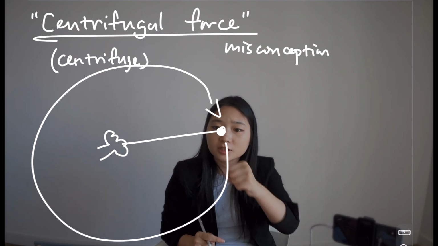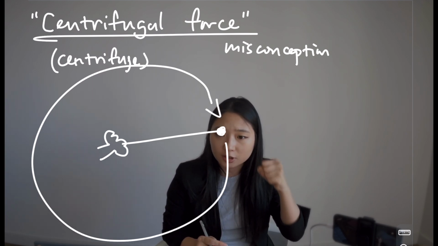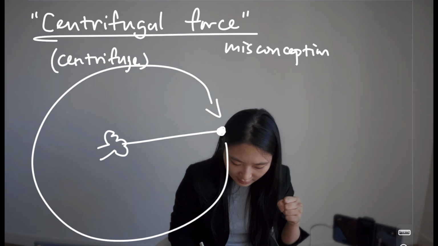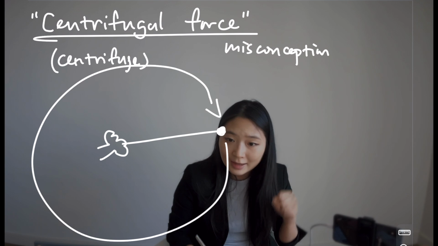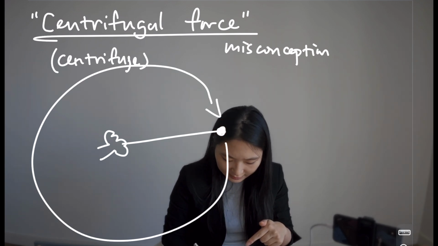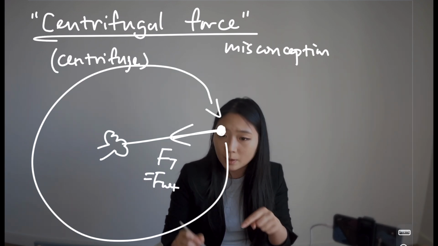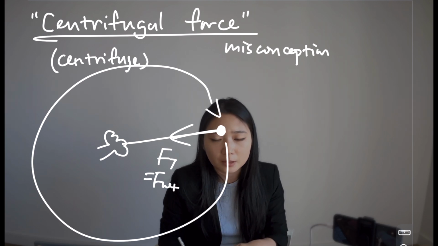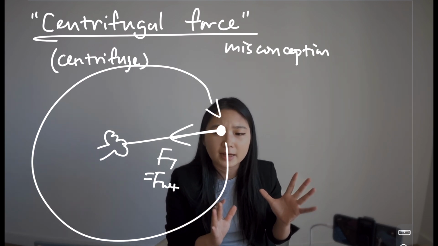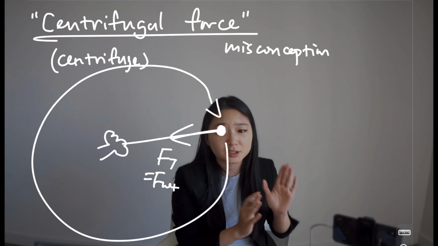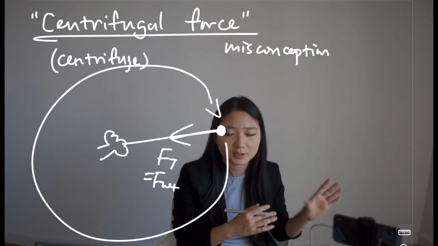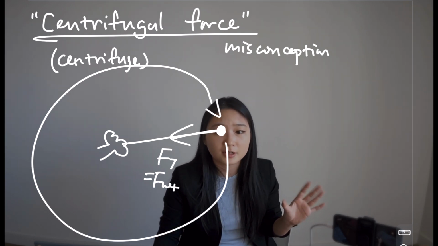So I am actually pulling the string all the time. So this object experiences the tension force, which points to the center, and this tension force is actually the net force of this object, assuming that this object has a very, very small mass. So I'm just going to assume that its gravitational force is very, very small, almost negligible.